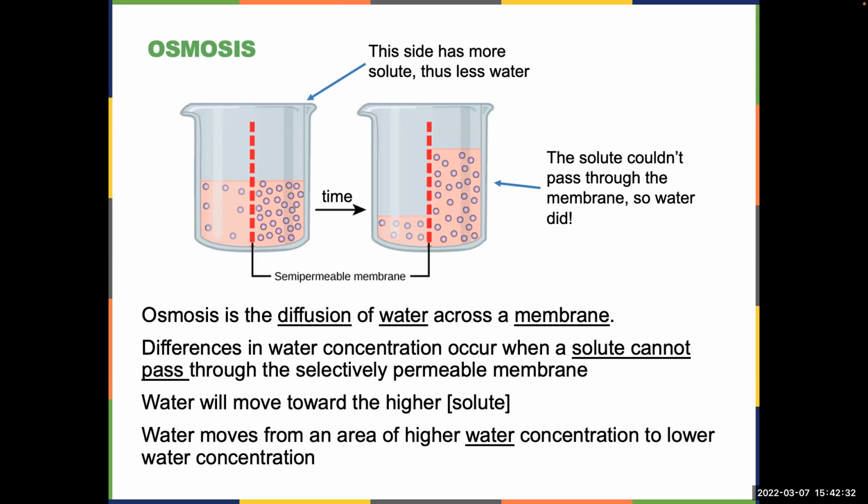The starch was too big to pass through the dialysis tubing. So water actually started to move into the dialysis bag. But your glucose was small enough to travel. So your glucose started to leave the bag and go into the water.